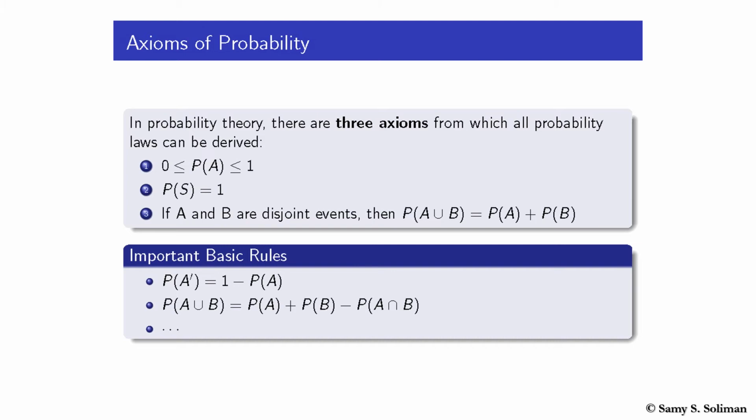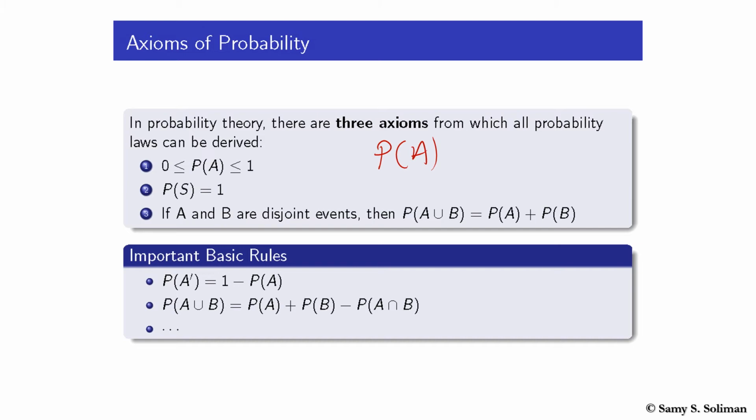The first of these axioms is that the probability of an event, which we denote as probability of event A, should be larger than or equal to 0 and less than or equal to 1. The probability is the likelihood of an event, so definitely it cannot be a negative value.